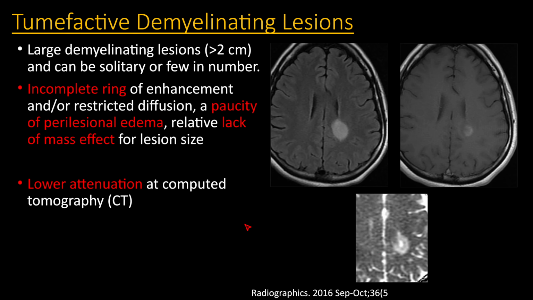Now, one thing that you should be aware of is that non-enhanced CT has a pretty good role in the evaluation of these tumefactive demyelinating lesions and distinguishing them from tumors, because these lesions always have low attenuation on CT compared to tumors, which tend to have higher or iso attenuation.